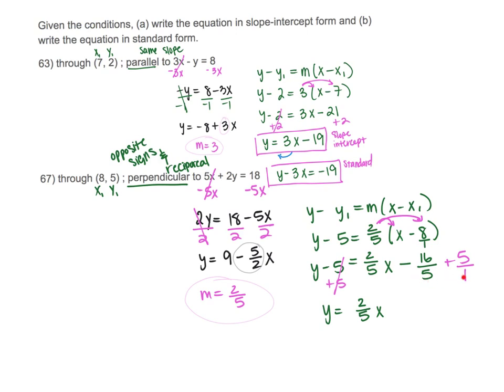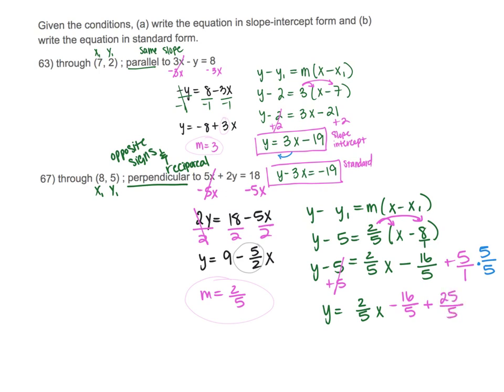So I can force 1 to be a 5 if I multiply it by a 5 on the bottom. But then I have to multiply it on the top. So I'm going to bring down the negative 16 over 5, and I'm going to now bring down the fraction multiply. So 5 times 5 gives me 25 over 5.